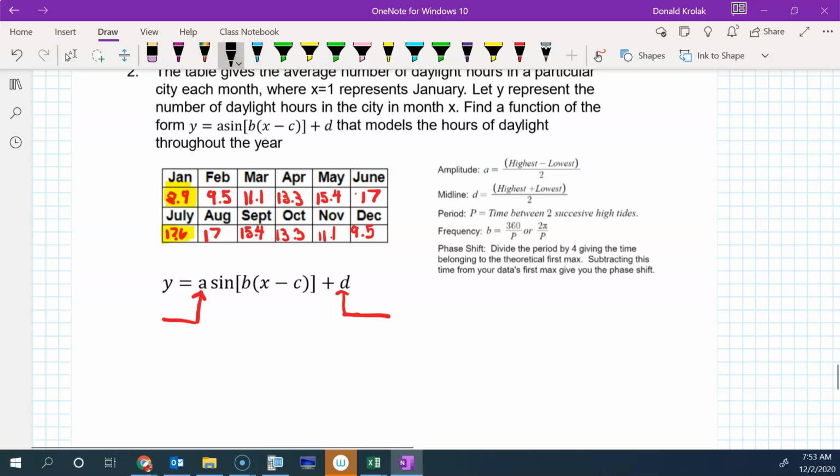Okay. All right, so amplitude is going to be the difference of those two divided by 2. And the vertical shift or midline is going to be the sum of these two divided by 2. Do that.